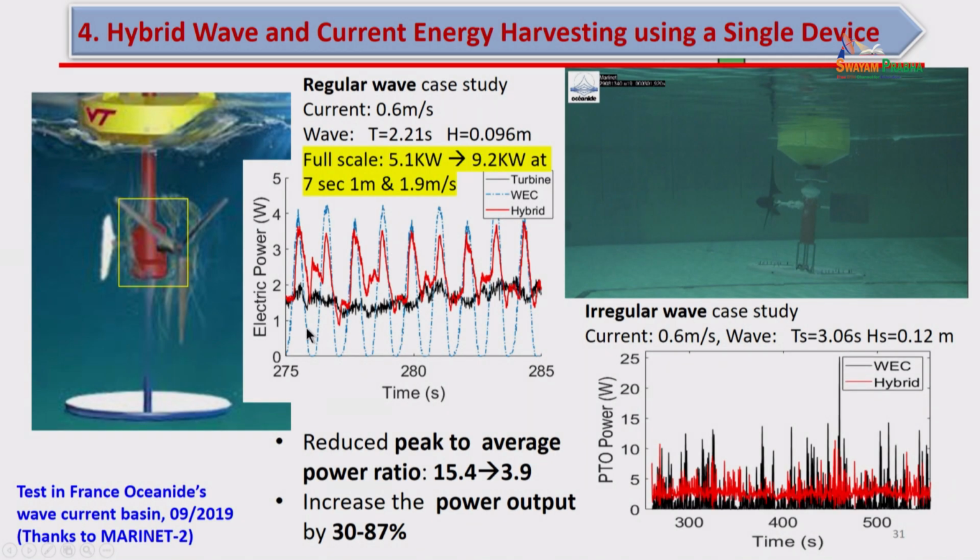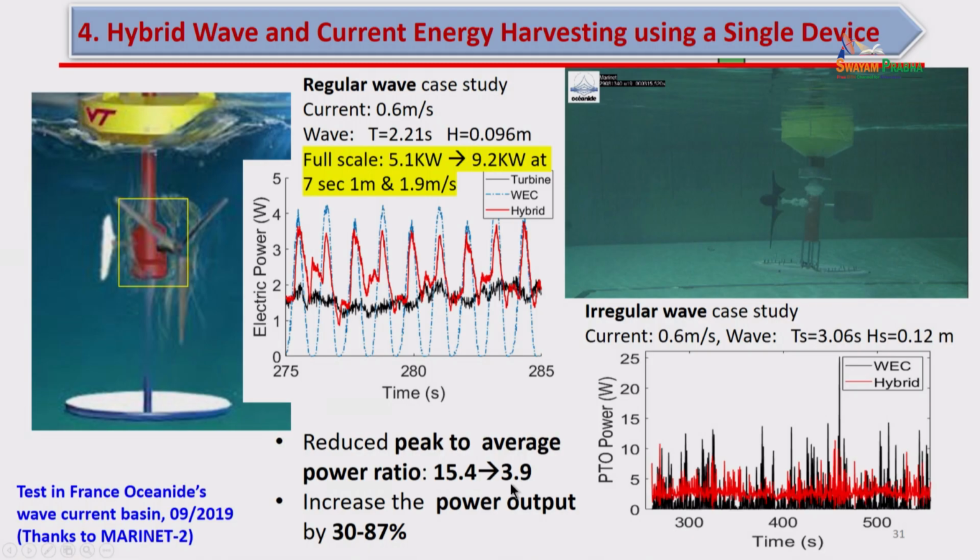The red line shows the combined system, wave and current. The black line shows the current drive only, and this one is wave drive only. On one side we can increase our power output, and on the other side we can decrease the peak to average power ratio.